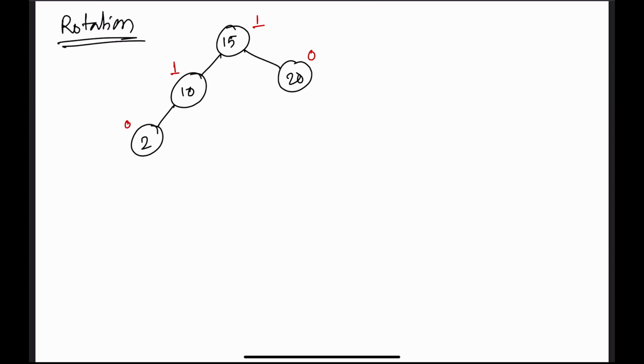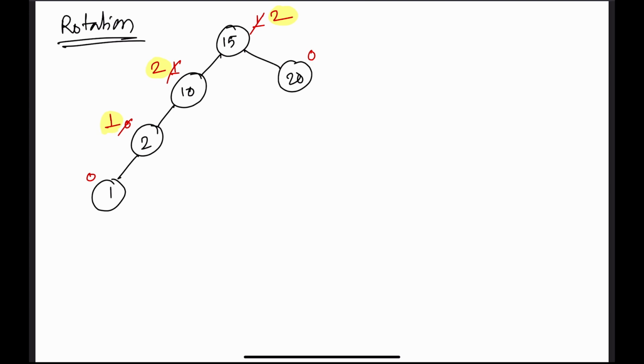Now if we insert 1, obviously it is going to be inserted here, then the balance factors would be 0, here 1, here 2, and here 3 minus 1 is 2, and here 0. In this way we can see that the balance factors have changed. These are the new balance factors.